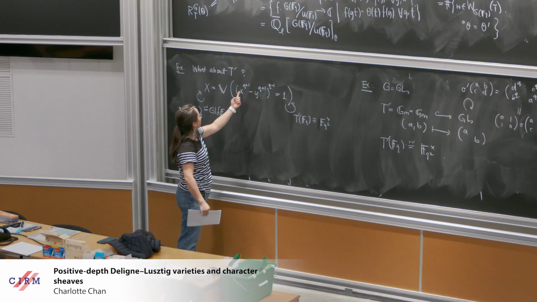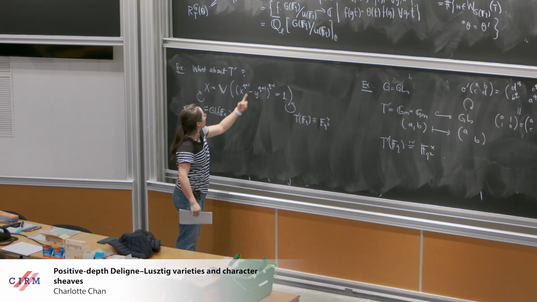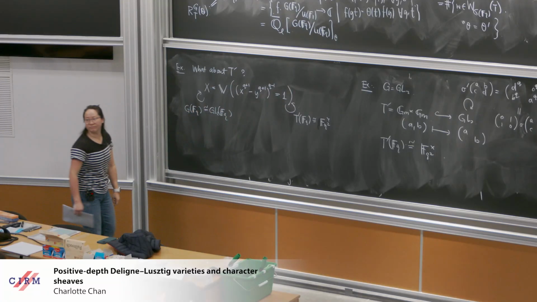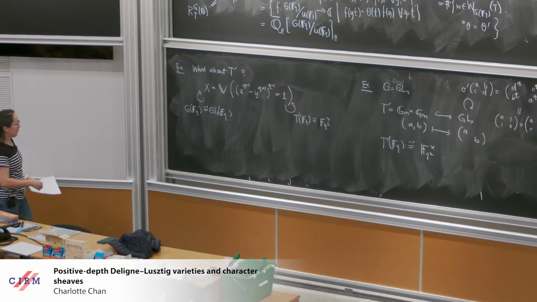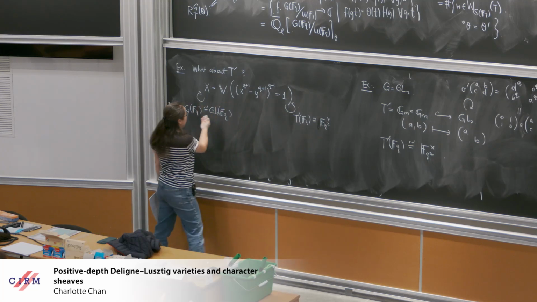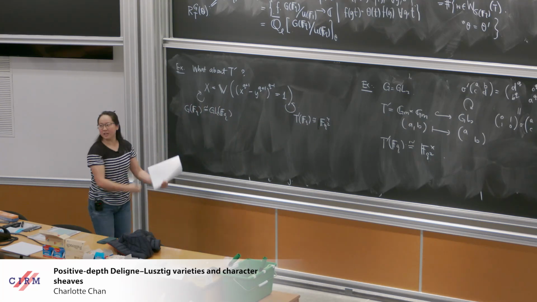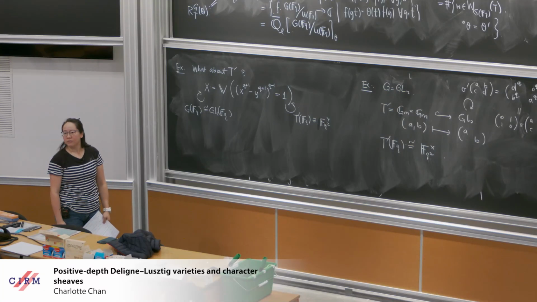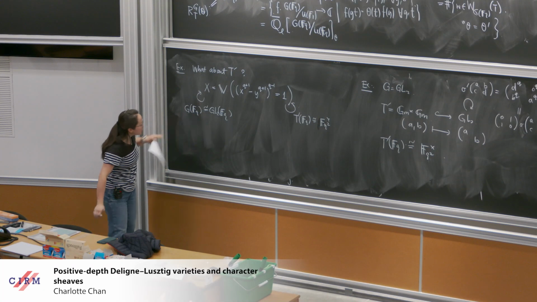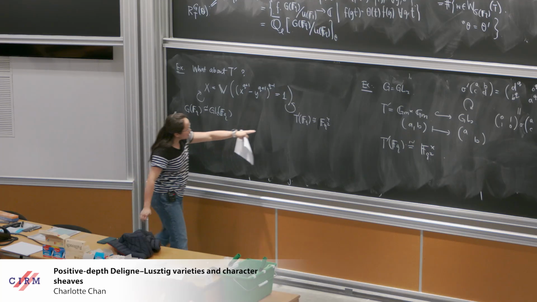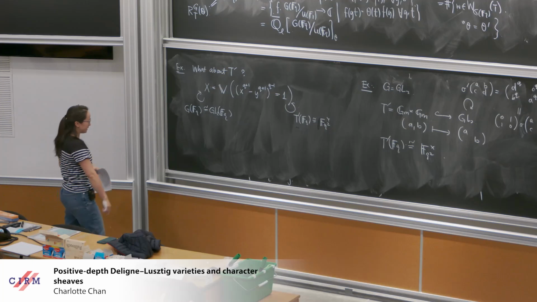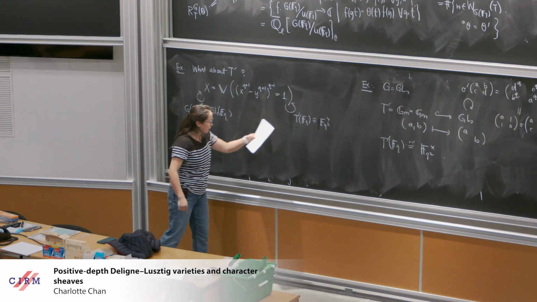I plug in alpha to the q plus 1, alpha to the q plus 1, that pulls out to alpha to the q plus 1 times q minus 1, which is 1. What's also clear is that because this is by scaling and this is by matrix multiplication, obviously these two actions commute. And so not only does X have an action of G, it has an action of G times T prime. And so that means that the cohomology has an action by G times T prime.